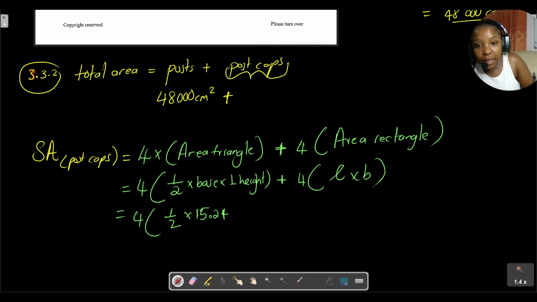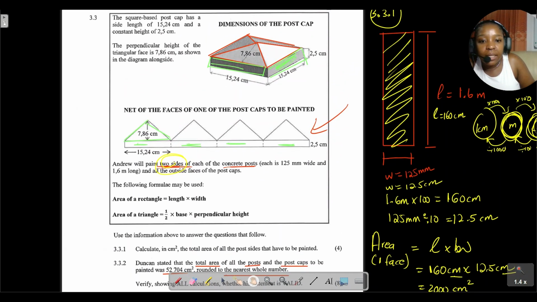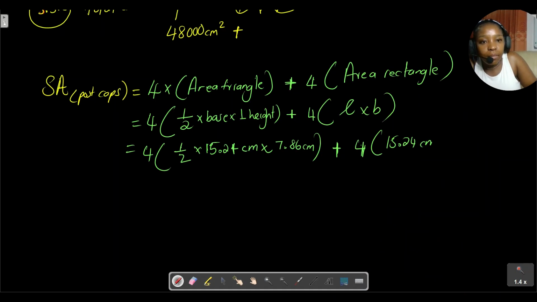15.24 centimeters times, what is the height? We saw it is 7.86 centimeters plus 4. What is the length of the rectangle? You can see there, the length of the rectangle is 15.24 centimeters times, what's the breadth?